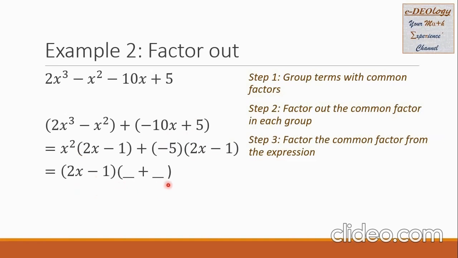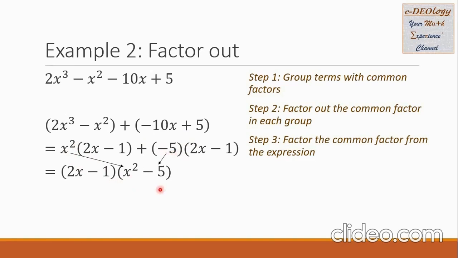And for the second factor, I put two blanks because since I have binomials in here, I should have a binomial also in the second factor down here. And then to collect the remaining terms after removing the common factor from group 1 here, x squared I should copy down here. And for the second group, the negative 5.